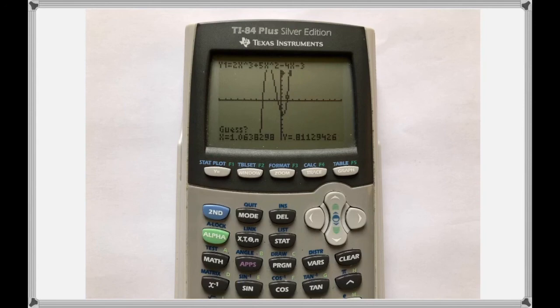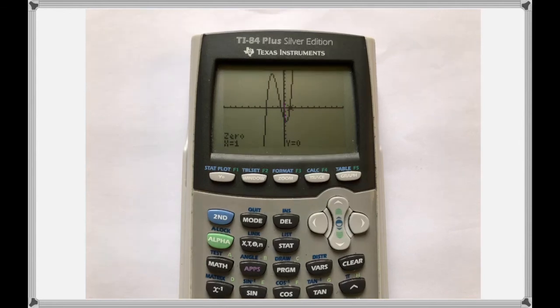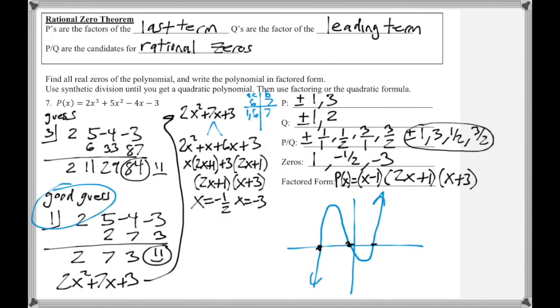So this is the interval in which my calculator is going to search, and then make a guess and press enter, and the 0 is the point 1, 0. So here this was x is equal to 1.